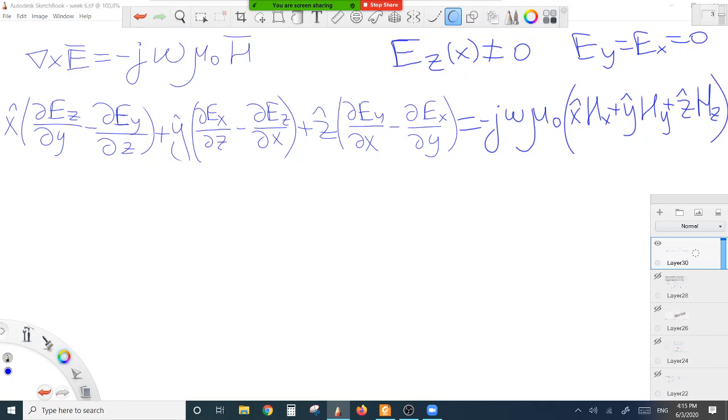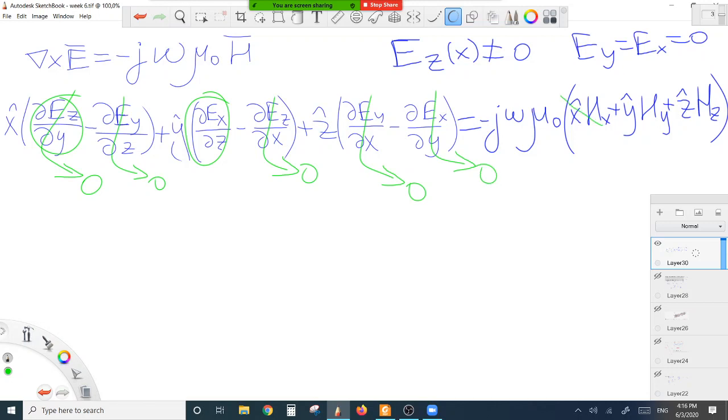So, okay, it means if we look here, Ez varies with x, and with respect to y is constant. That's why it is 0. Ey is 0. dEx over dz, this is not 0. dEz over dx, this is 0. Ey is 0. Ex is 0. That's why we don't have x component, we don't have a z component.